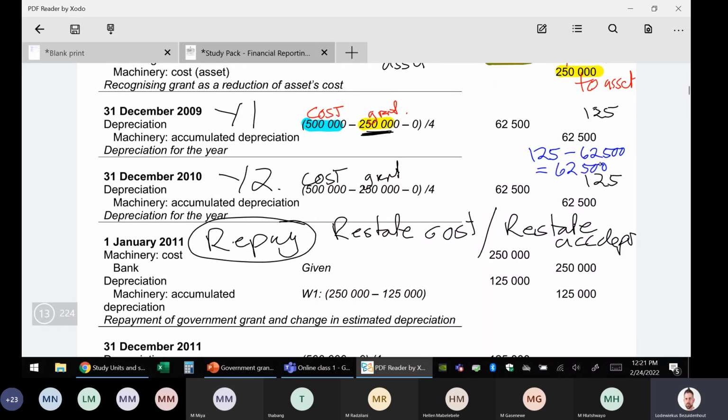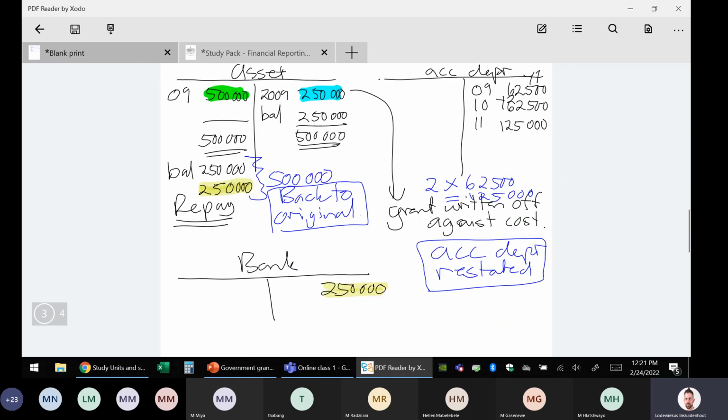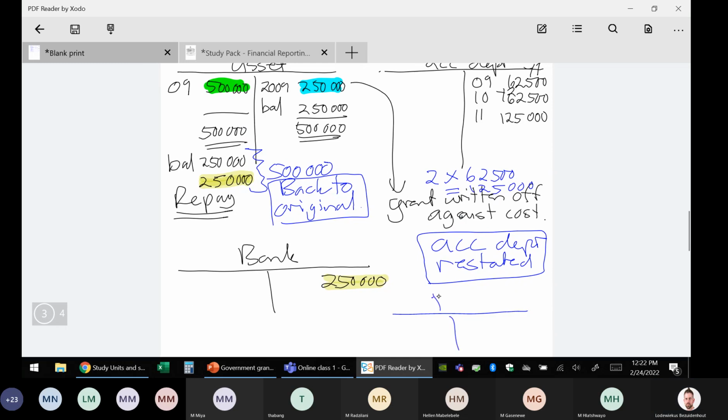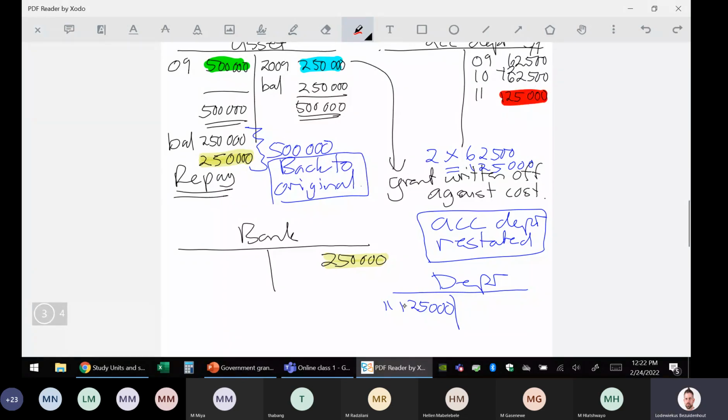So each year, 62,500 is the amount that the depreciation was lower because we reduced the cost of the asset. So 2 years times the 62,500 gives us 125 that we have to increase accumulated depreciation with. And that just means we have to credit accumulated depreciation and debit depreciation with the 125. And that is the restatement of depreciation.